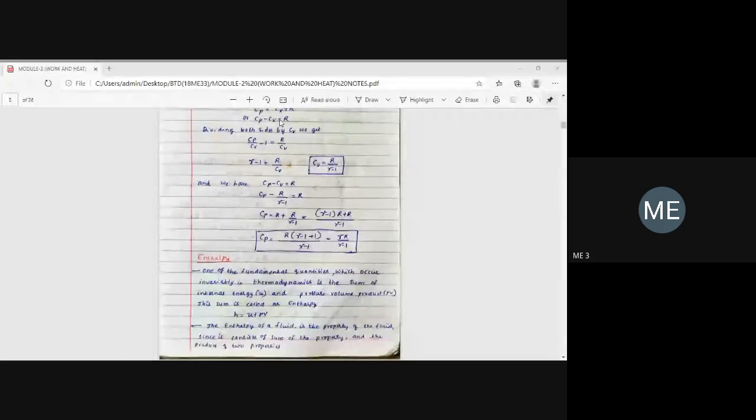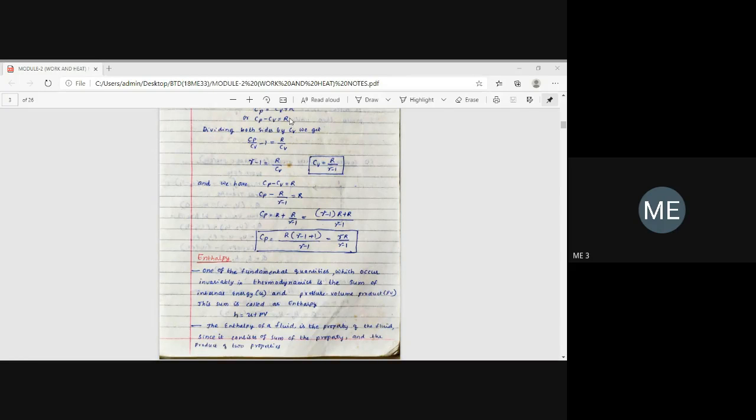R equals Cp minus Cv. So in thermodynamics, you have to remember certain values. Cp by Cv is gamma, and we have Cp minus Cv equals R. Just divide each term by Cv: Cp by Cv minus Cv by Cv is 1, and R divided by Cv stays as it is.